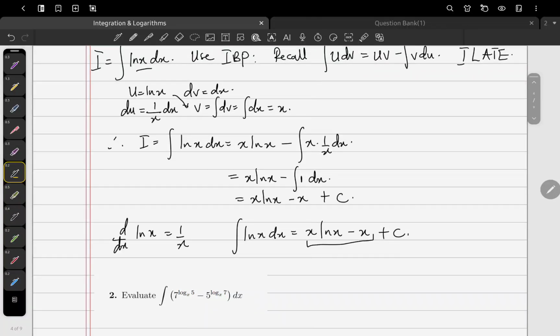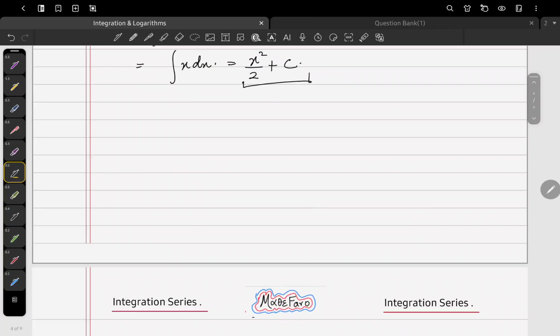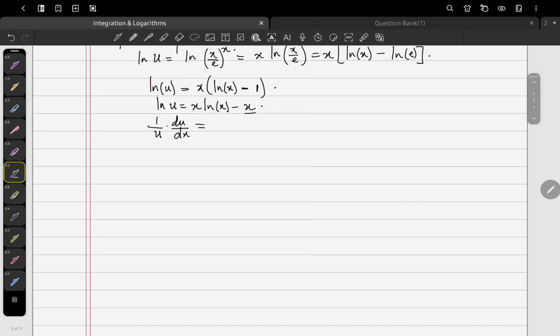And since integration is actually antiderivative, we know that the derivative of x ln x minus x is just going to be natural log of x. That's the beauty. That's exactly why I chose that question first. Then it means du/dx is equal to u times natural log of x.